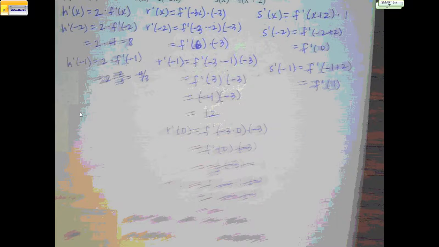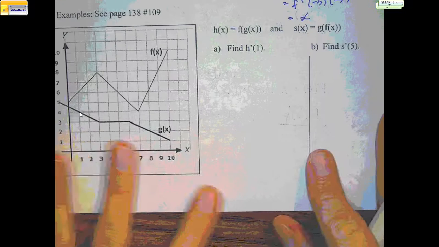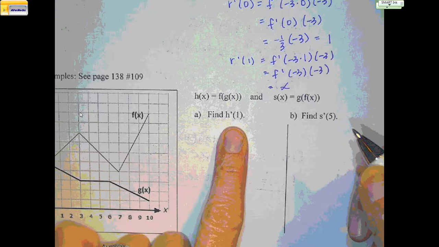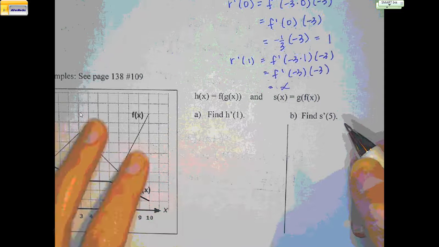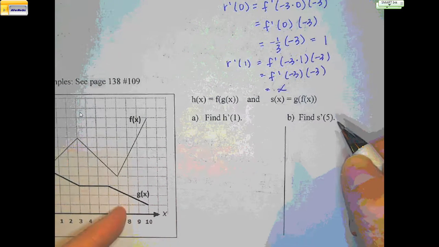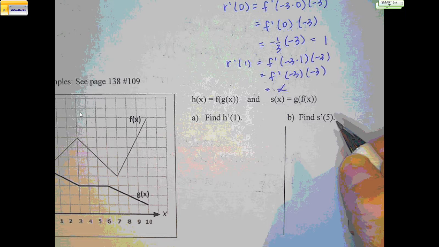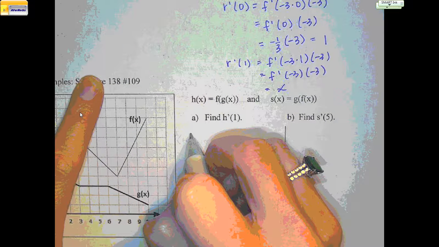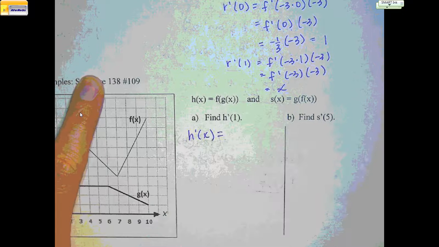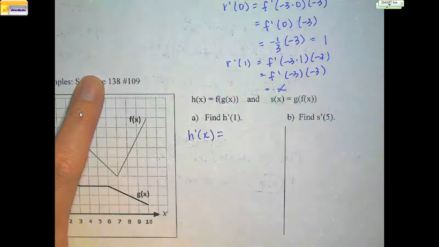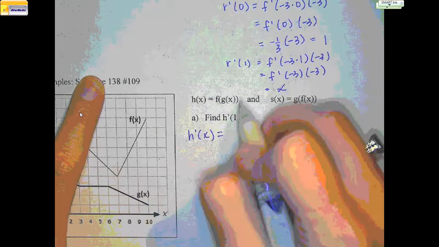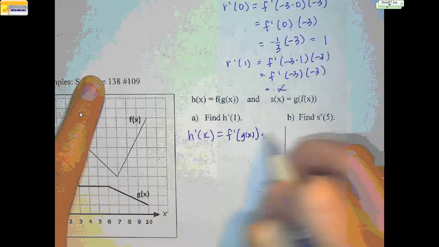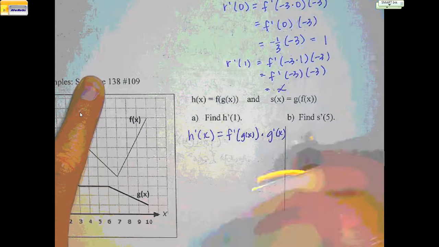Okay, last little bit. Same type of question, but instead of a chart, they give you a picture. And they want you to find the derivative of h at 1. Well, they give you a picture of f of x and g of x, and then they tell you what h of x is. It's a function in a function, f of g of x. So let's define it first. The derivative of h of x is going to be the derivative of the outer function times the derivative of the inner function.